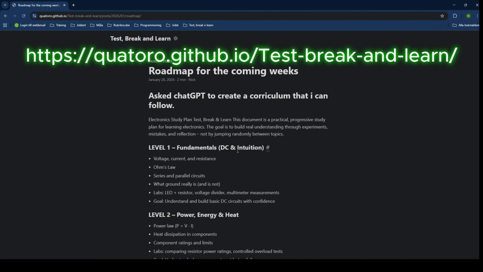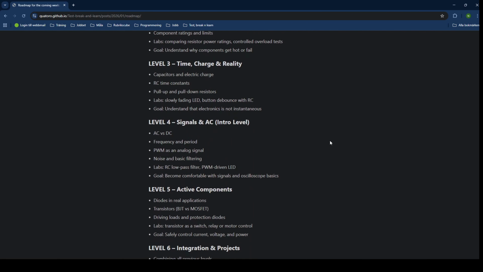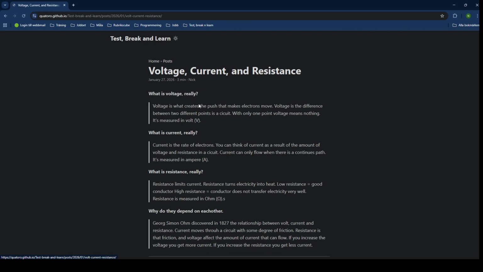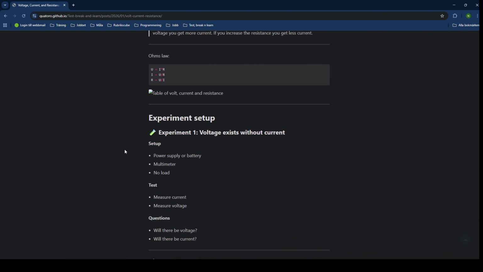So this is the roadmap that ChatGPT gave me. I will try to follow this to some degree, maybe not exactly everything. This is just a test to see if I can be consistent and document what I do.